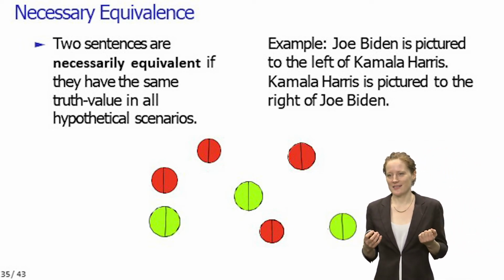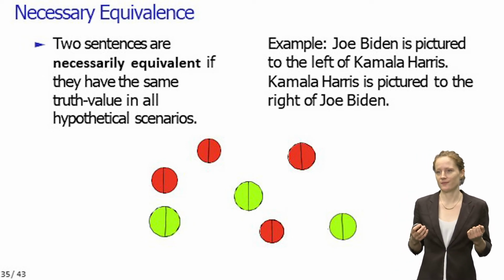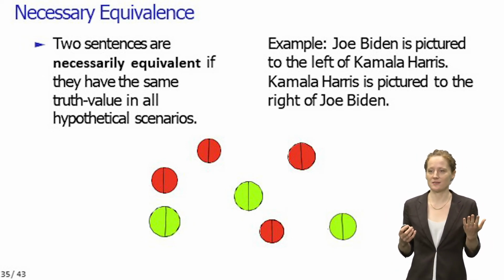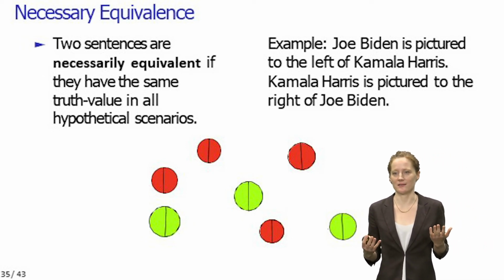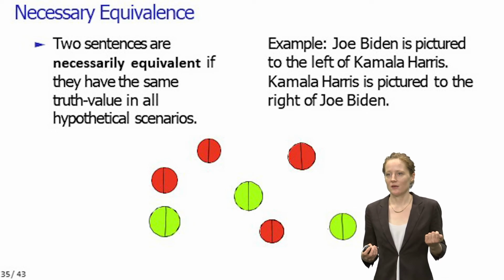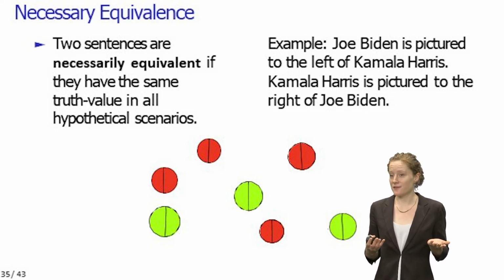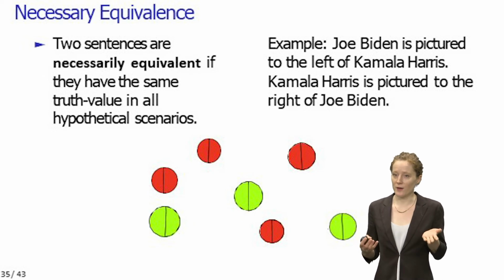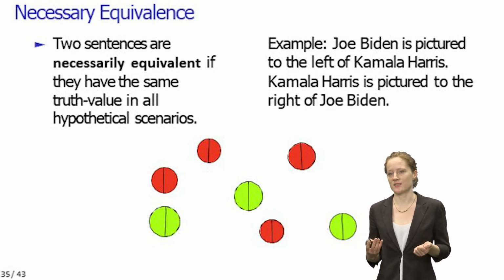These two sentences are always true together. It's impossible for the first sentence to be true and the second sentence to be false, and vice versa. If the first sentence is true, the second must be true. Now, they don't have to be true. It is possible for both sentences to be false, but when one of them is true, the other one must be true as well. And that is why these two sentences are necessarily equivalent.